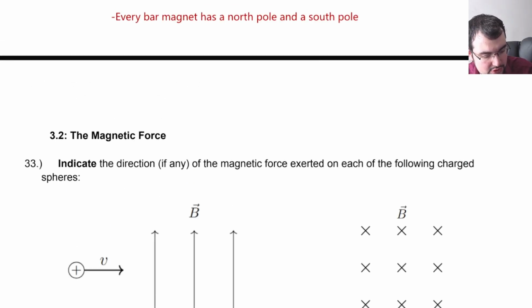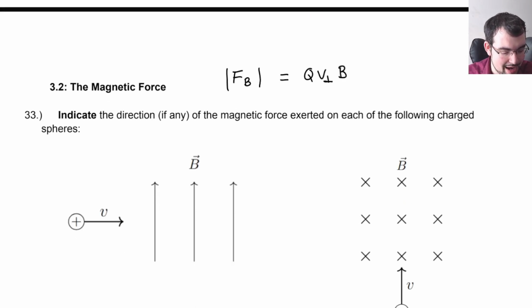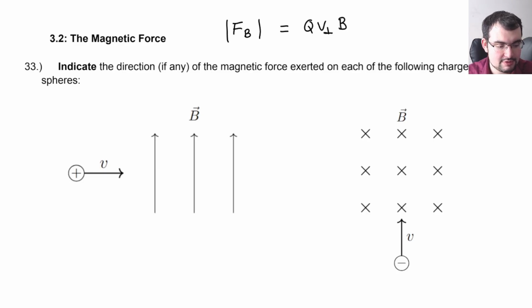Because the magnetic force is defined as, its magnitude at least, QV perpendicular B, where V perpendicular is the part of the velocity that is perpendicular to your B field. So just like E fields act on just any old charge, B fields only act on charges moving perpendicular to the field somehow. So it doesn't have to be entirely perpendicular, it just has to not be parallel.